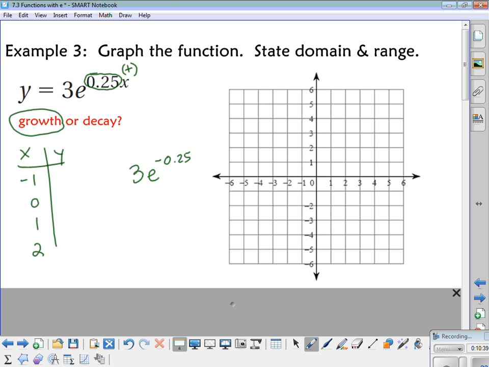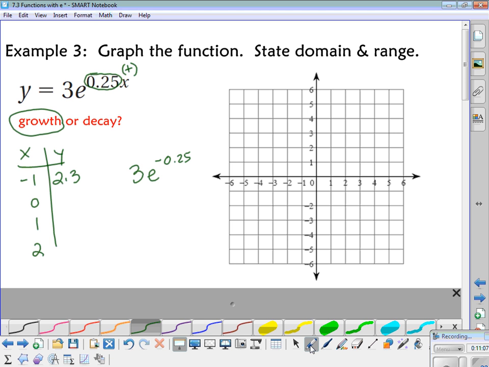You just plug that into your calculator, and we get 2.336, etc. Since we're graphing, one decimal place is probably going to be enough when you make your tables, because it's not going to be that precise when you graph it.